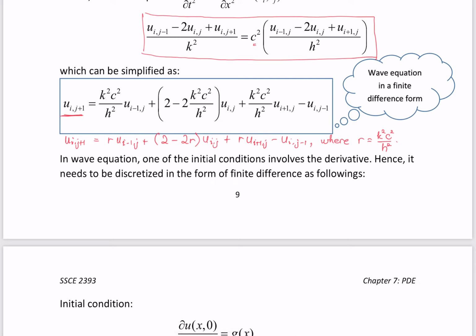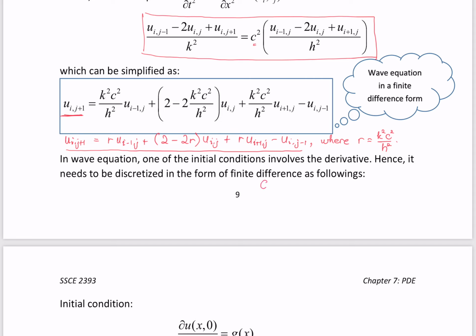So this is the finite difference equation for our wave equation. And when we have this finite difference equation, we can take a look at the computational molecules.